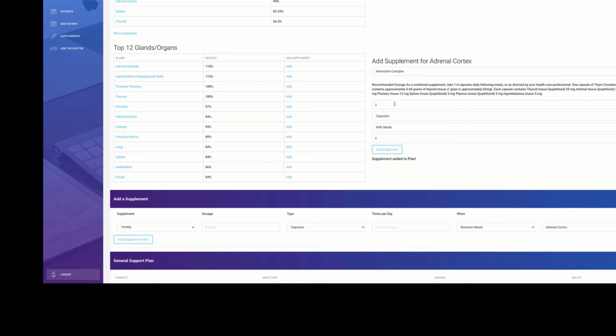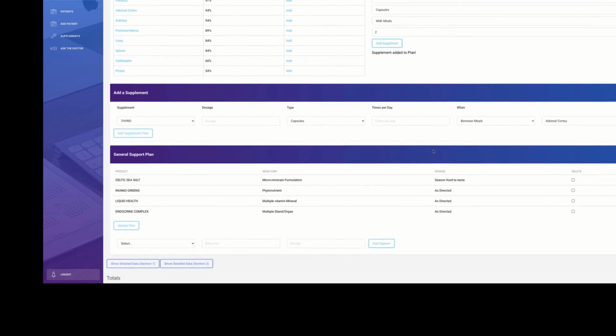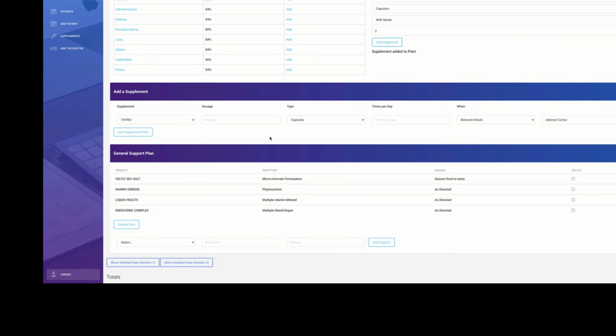And again, you can put down the dosage exactly the way you see fit, and you click on add supplement, and the supplement would basically be added to that particular gland. So supplement added to plan. So what you would do at that particular juncture, you would click on add supplement plan to the menu, and now you'll see a number of supplements that you had recommended.